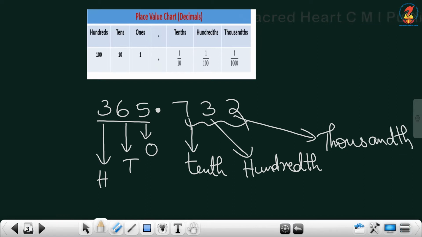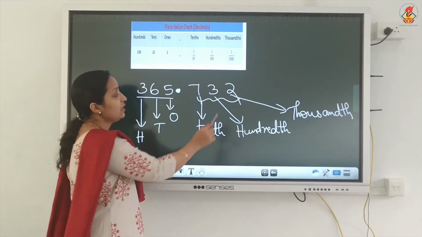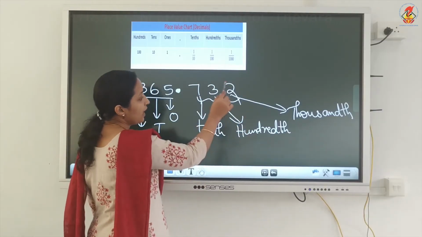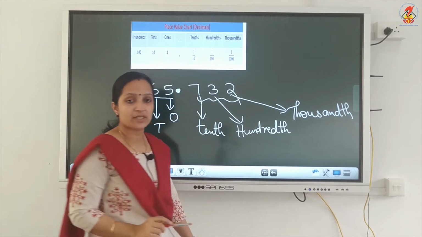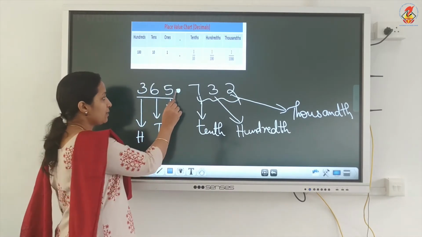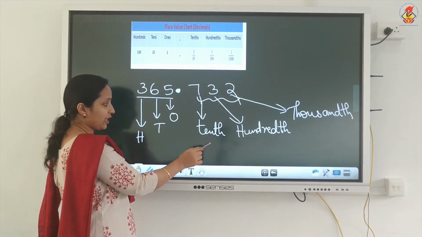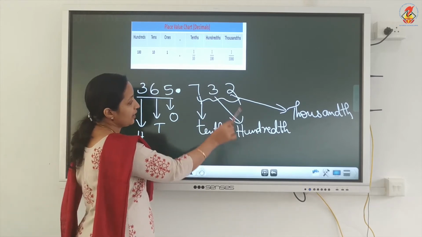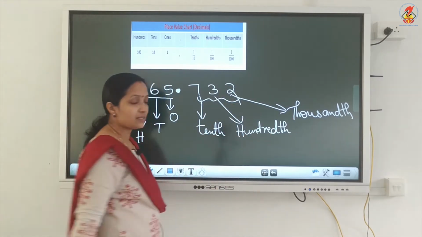Next place is ten-thousandths, like that it will go, which you will study later. So after the decimal point, the first place is tenths, second is hundredths and third is thousandths.